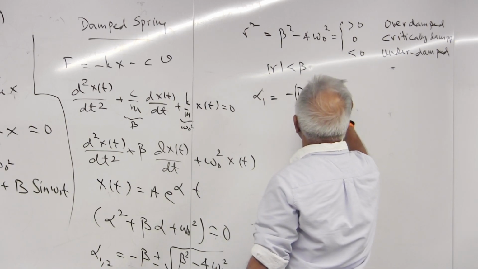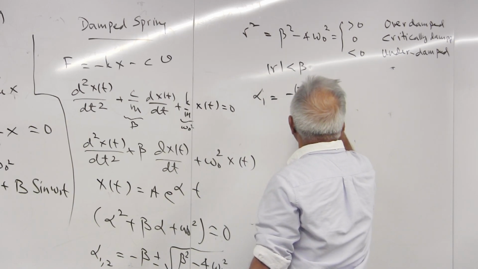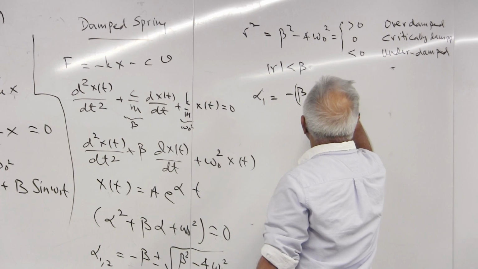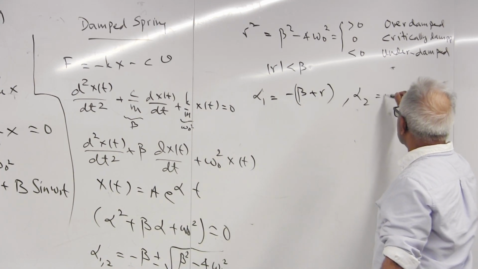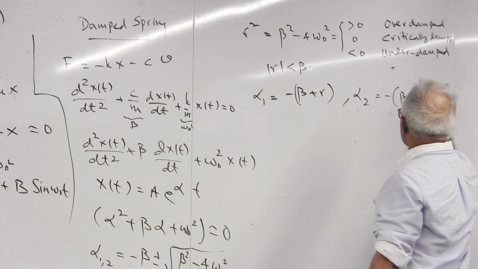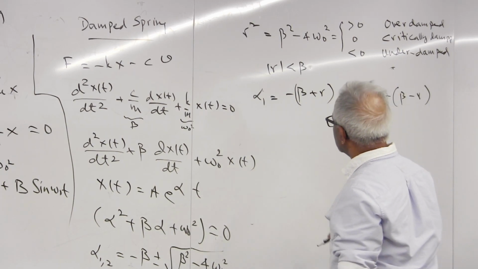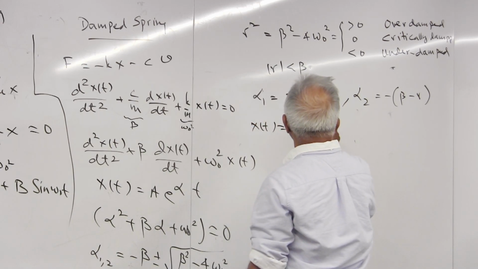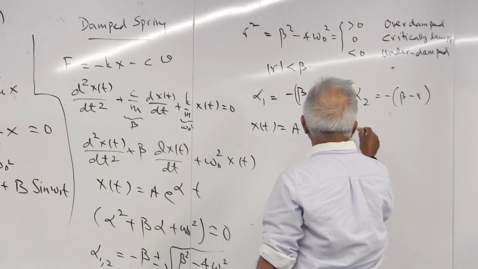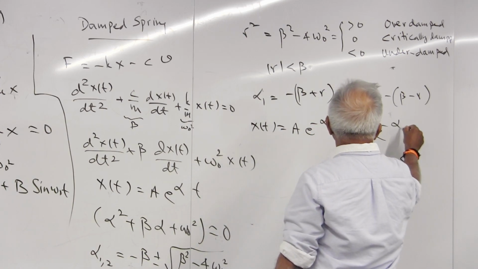In the overdamped case, gamma is positive, so you have two solutions like this. Both are negative. So the solution x(t) will be of this form: a e raised to minus alpha 1 t plus b e raised to minus alpha 2 t.